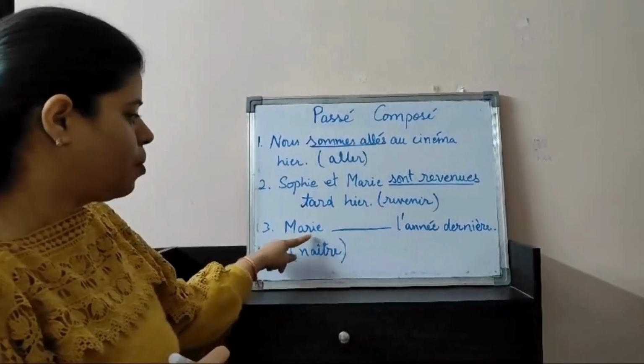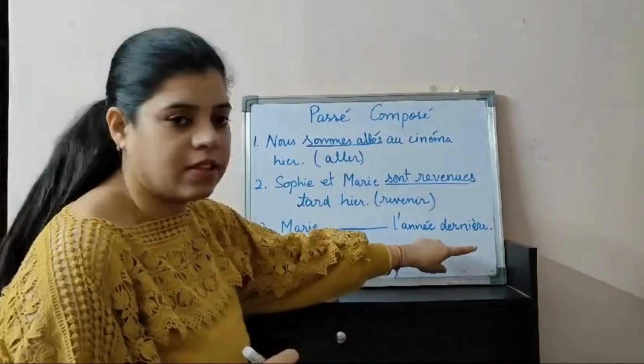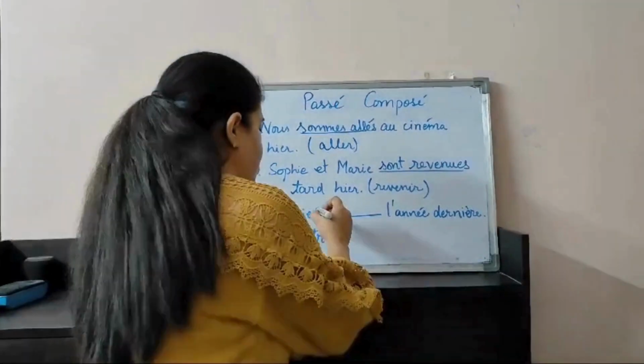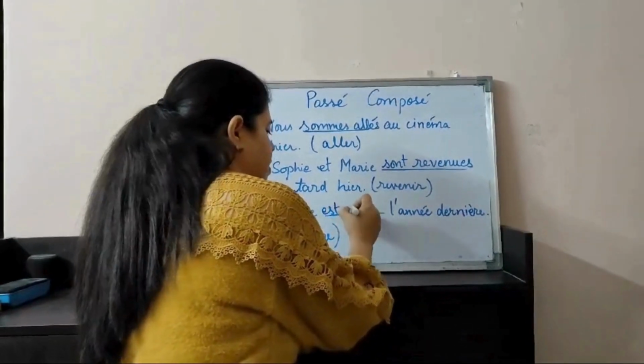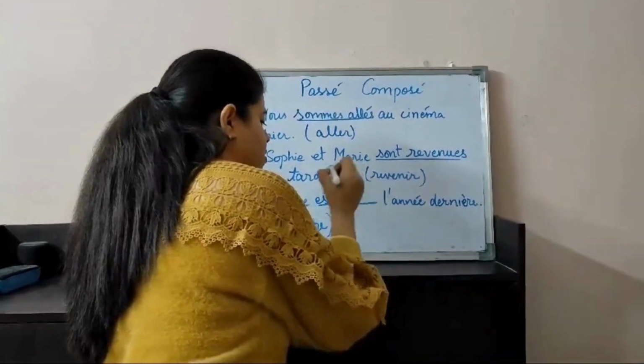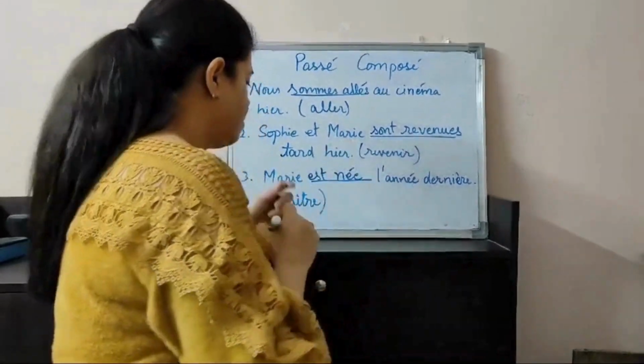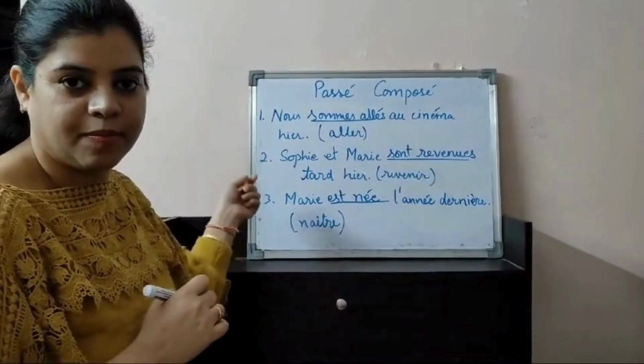Next one, Marie dash l'année dernière. The verb is naître and Marie is feminine. So the conjugation will be est, and the past participle of naître is né, but we need to add e also because Marie is feminine.